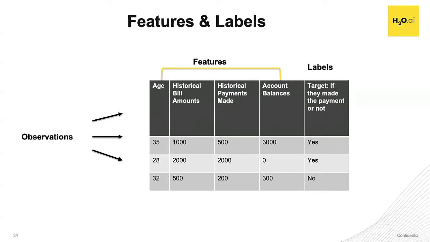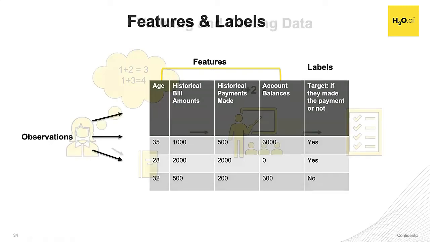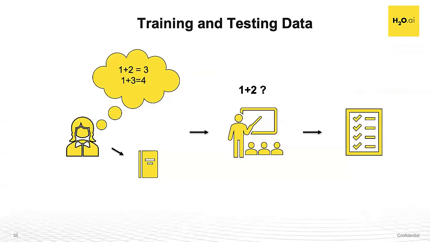The next thing that I mentioned in the previous slide was you might also need to split your data into a training and a test set. Now, what does that mean? Let me again take an analogy. For example, if you ask a child to memorize certain math equations, and the child memorizes just 2 equations, maybe just 2 equations in a hypothetical book: 1 + 2 is 3 and 1 + 3 is 4.